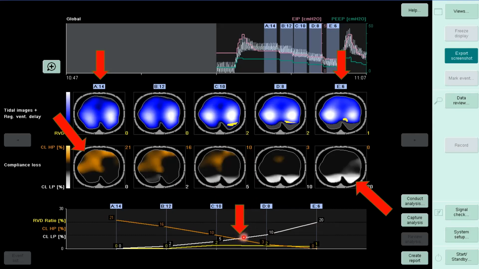Now, this is a monitor, so you still have to use your clinical judgment. If I have a plateau of 24, if I have a very safe plateau, I have a morbidly obese patient, I'm more concerned probably about the atelectasis and this de-recruitment indicated by white, the loss of compliance on this low part.